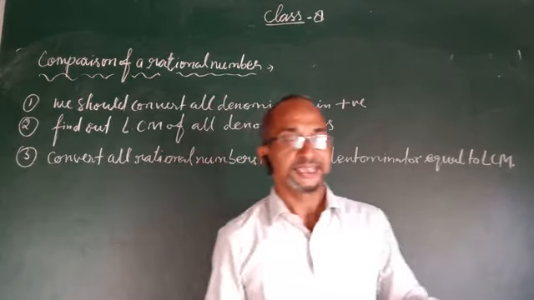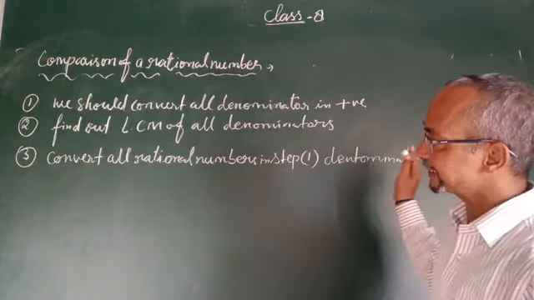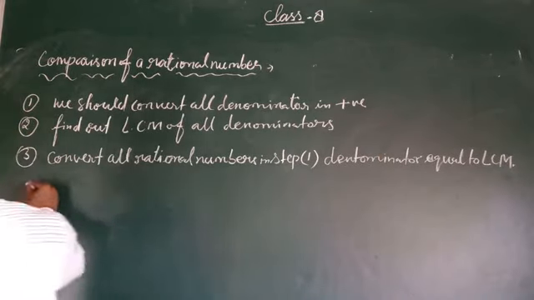After this, the next step: arrange these rational numbers in the increasing order of their numerators.